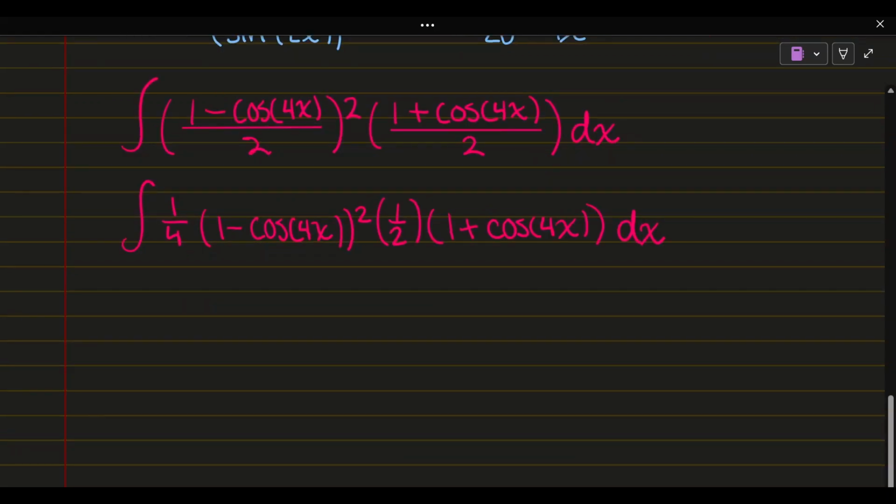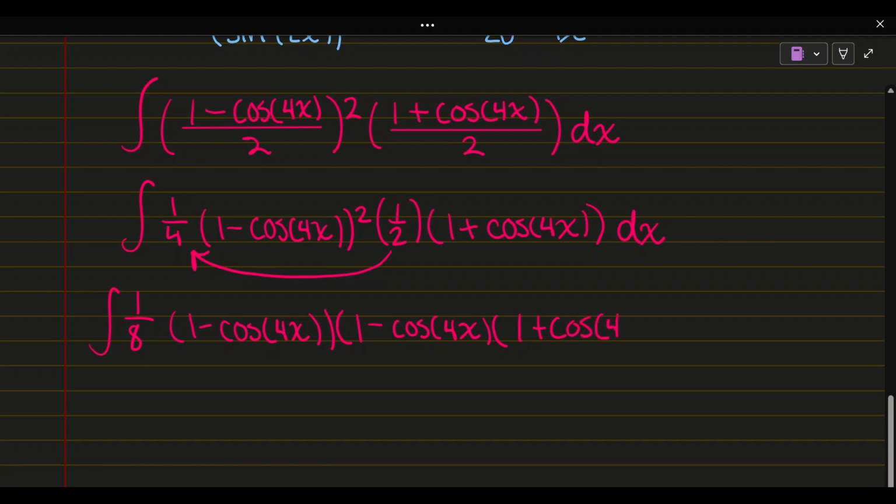And then I'm going to notice something here. So rewriting this, it's going to be 1/8, pulling this 1/2 forward, times 1 minus cosine of 4x times 1 minus cosine of 4x times 1 plus cosine of 4x.